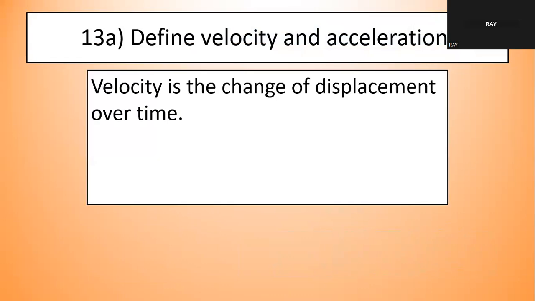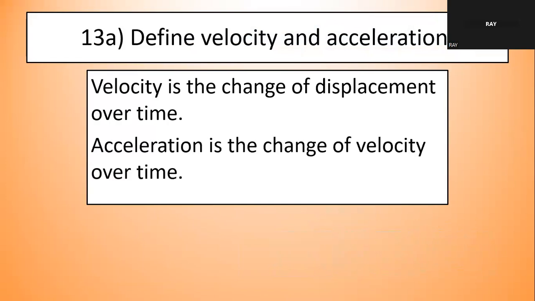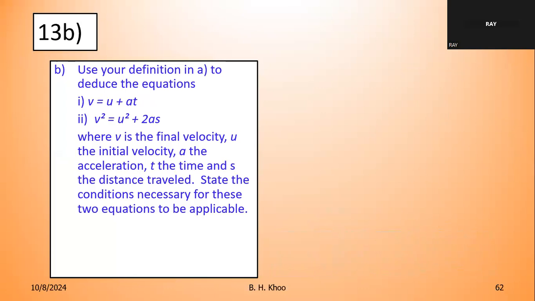Right? You have to memorize the definition. These are usually 1 or 2 marks, usually 1 mark. Velocity is the change of displacement over time. Acceleration is the change of velocity over time. Right? That's our definition.